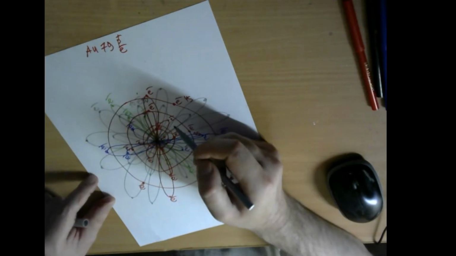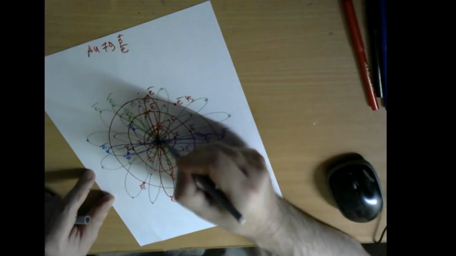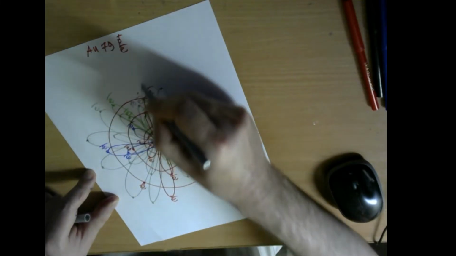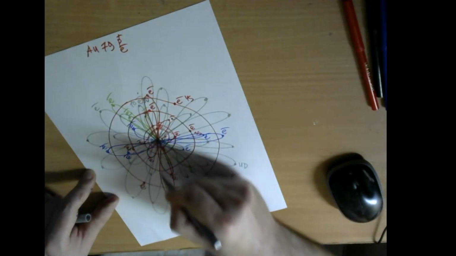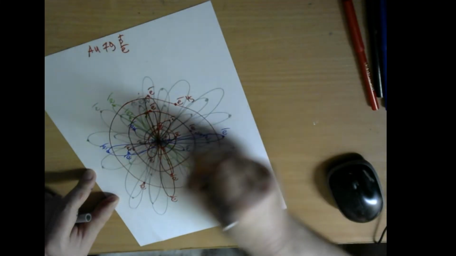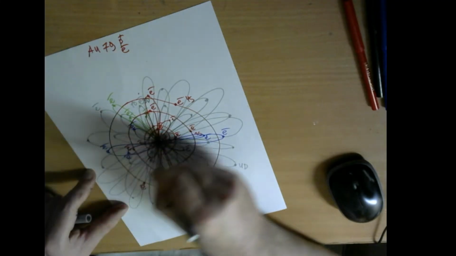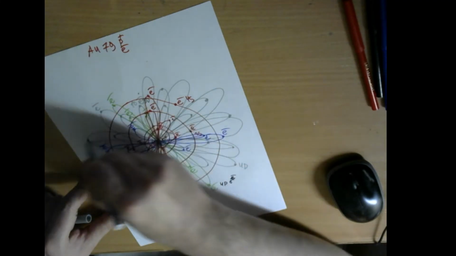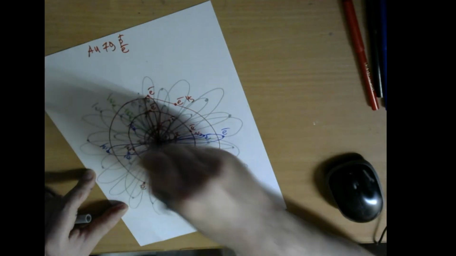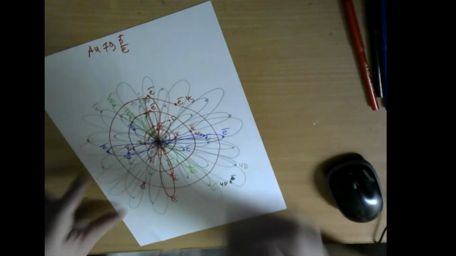Now we get to the 14 electrons. Now we have 4f. Let's draw it. 14 electrons. 1, 2, 3, 4, 5, 6, 7, 8, 9, 10, 11, 12, 13, 14.